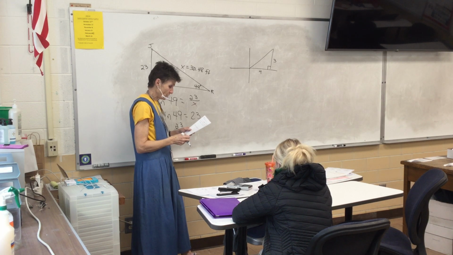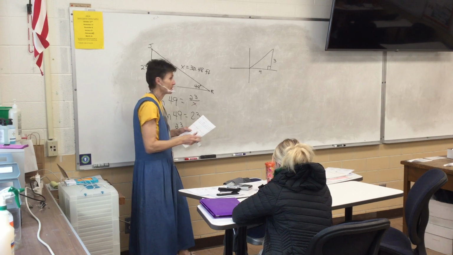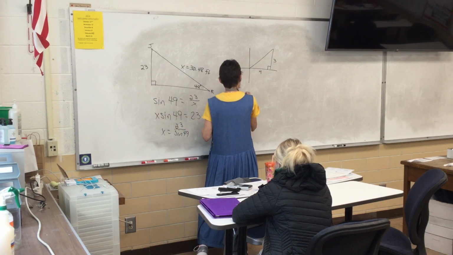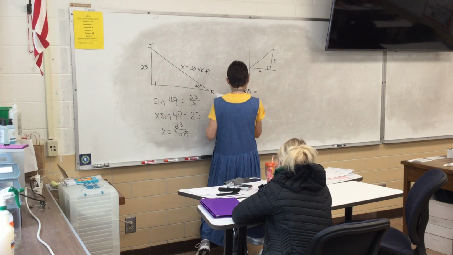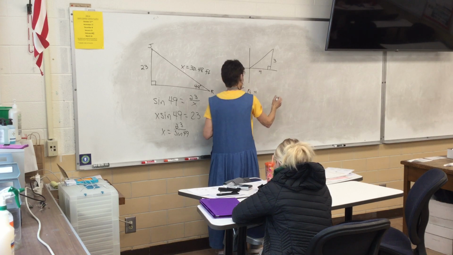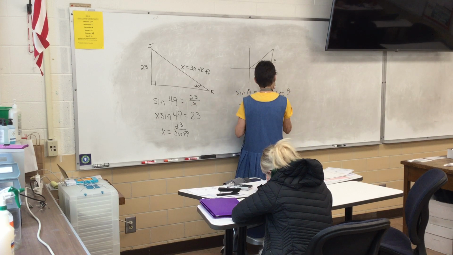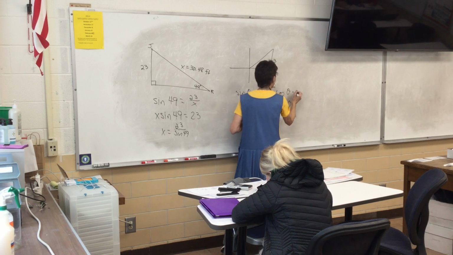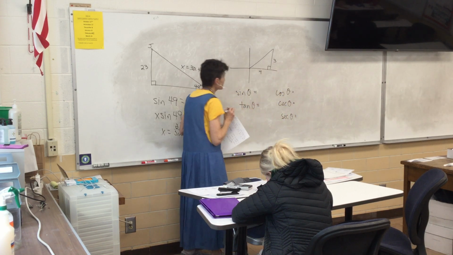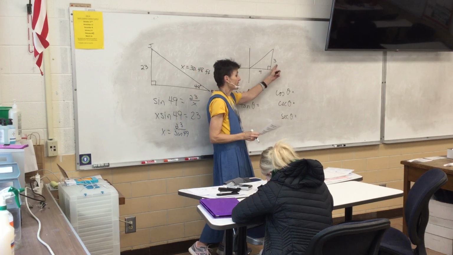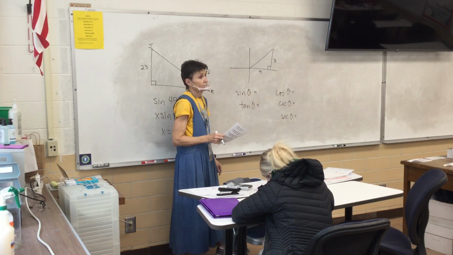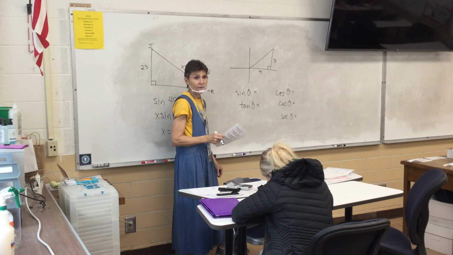So what am I going to do to be able to fill in all the rest of the blanks? I'll use the Pythagorean theorem and find my hypotenuse. So side squared plus side squared, 16 plus 9. 25. Square root of 25 is 5.